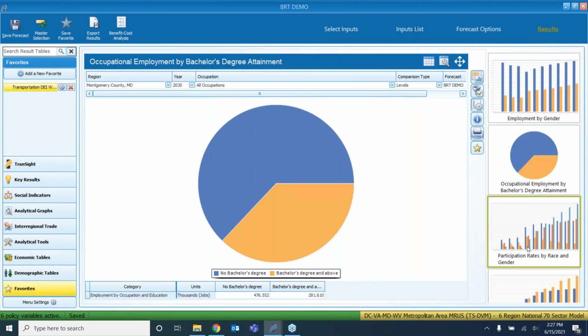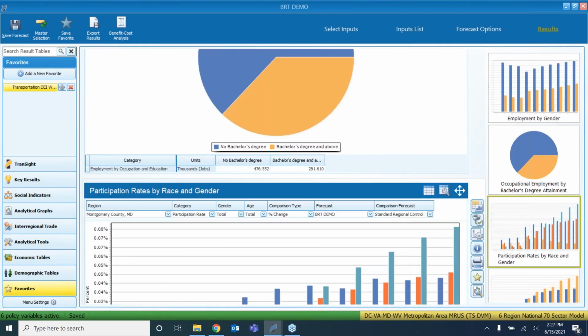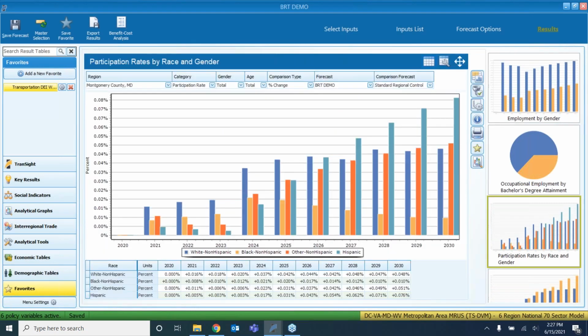Looking at labor force participation rate, we can see, again, across our 4 racial and ethnic groups, the increase in labor force participation. Initially, the results are not too dramatic during construction, but after construction, once the route's being used, that's where we see the labor force participation really ramping up.